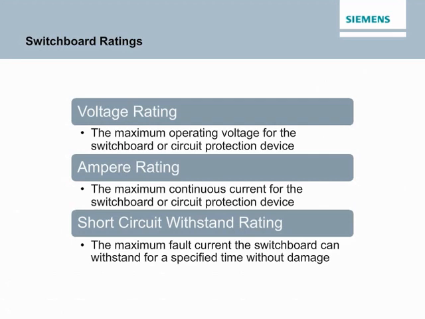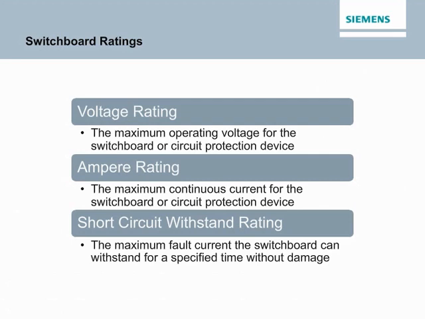The voltage rating can be higher than the system voltage, but never lower. The ampere rating refers to the current a switchboard or circuit protection device can carry continuously without deterioration and without exceeding temperature rise limits. The short circuit withstand rating refers to the level of fault current a switchboard can withstand for a specified time without sustaining damage.